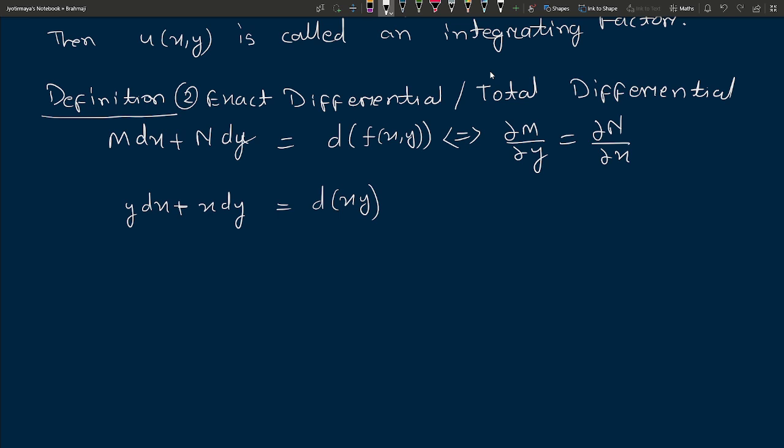So this is exact. Here, del M by del y: M is what is multiplied with dx, that is y, so it is 1. And del N by del x: N is what is multiplied with dy, that is x, so this is also equal to 1.